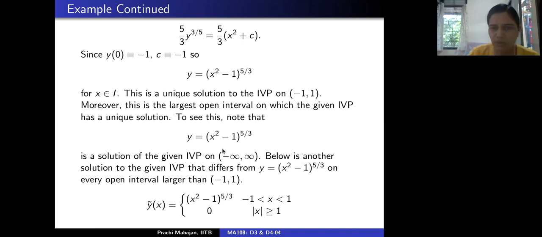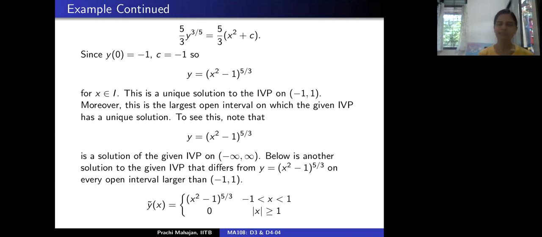In fact, x square minus 1 to the 5 by 3 is also a solution on the interval minus infinity to infinity. So this initial value problem may have many solutions, but on the interval -1 to 1, there is only a unique solution, given by x square minus 1 to the power 5 by 3.